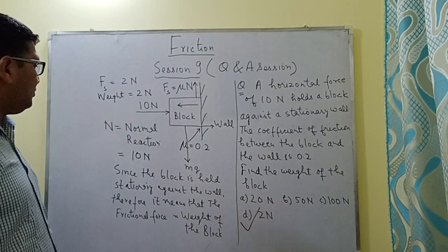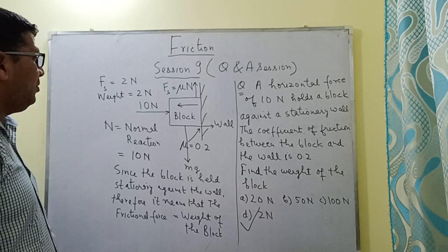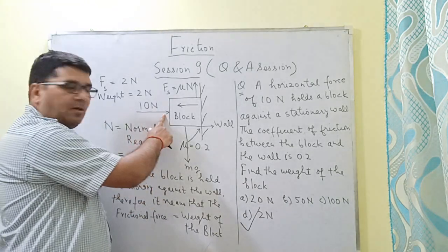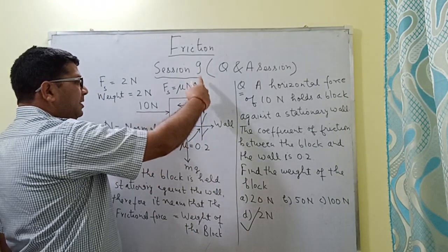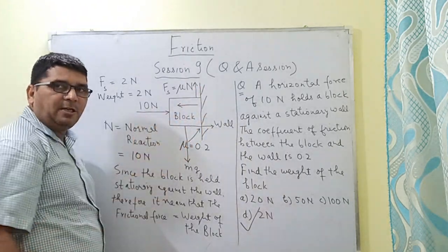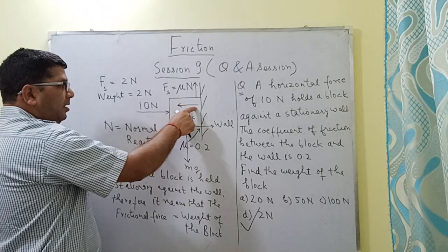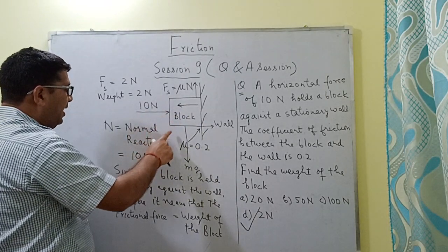So in this case, the most important thing you have to remember is that when we apply a horizontal force on this block and the block is held stationary, the wall will exert a normal reaction in the opposite direction of this applied force.